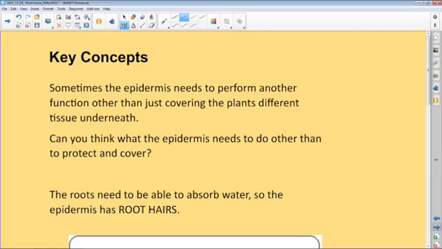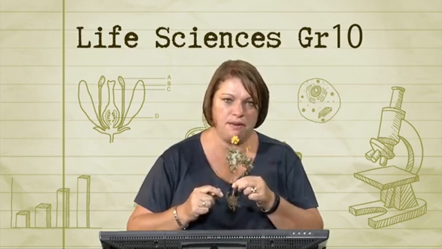Now, if you have a look at the plant, the question I'm going to ask you here is, can you think what the epidermis needs to do other than to protect and cover? I want you to have a look at this plant. I want you to look at it and I want you to think. An epidermis is on the outside. A plant needs to do two things. Number one, have a look here.